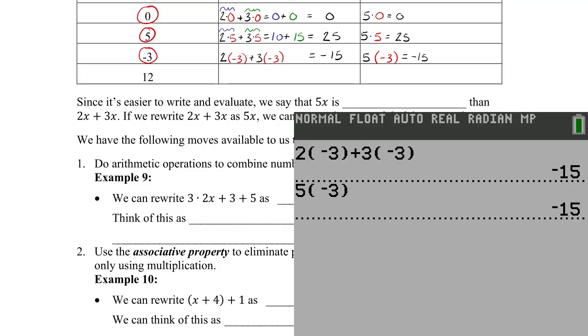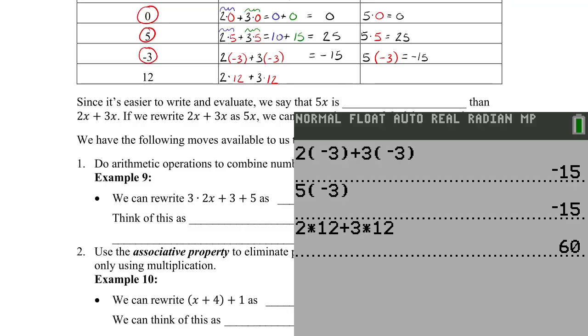One more of these. If x represents the number 12, then our first expression is 2 times 12 plus 3 times 12. Since this is a positive number, I don't need to put it in parentheses. But of course, when I enter this on the calculator, I need to use the times sign. So 2 times 12 plus 3 times 12.